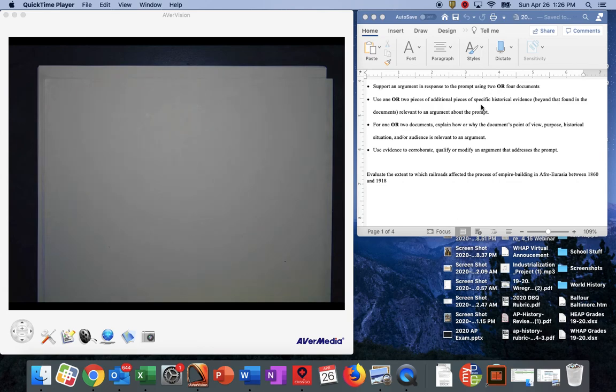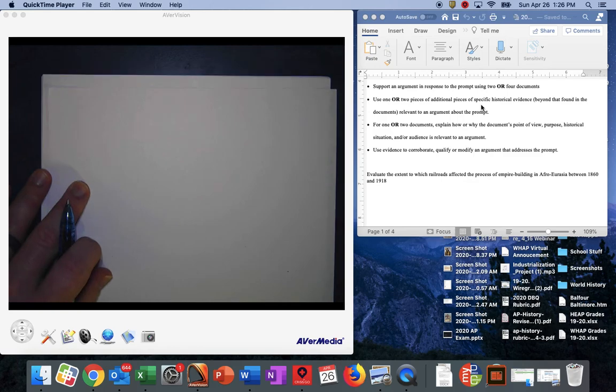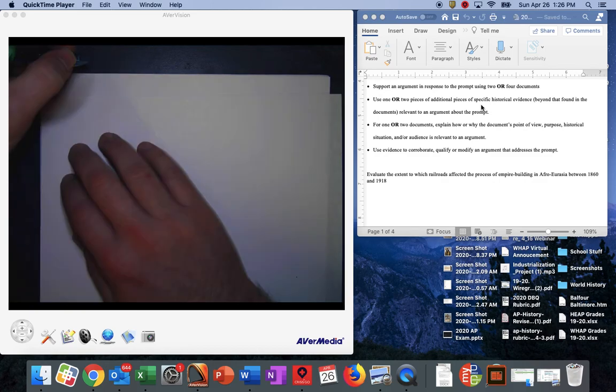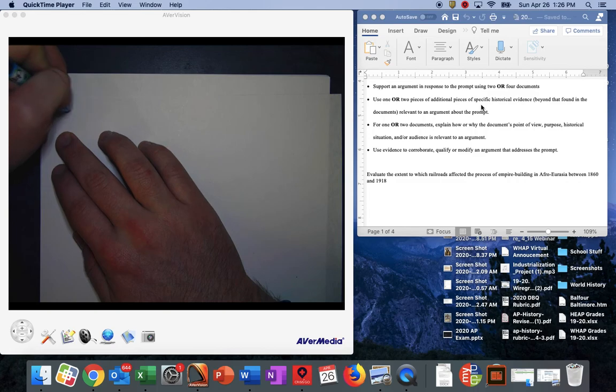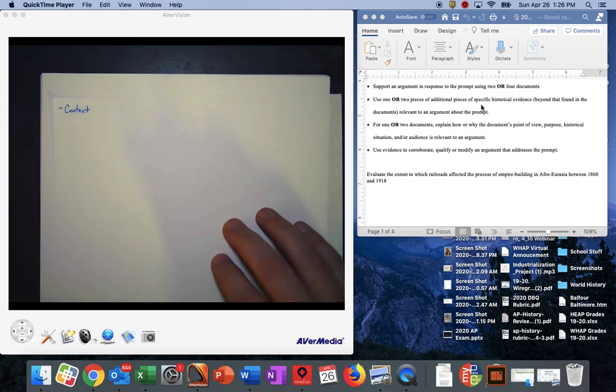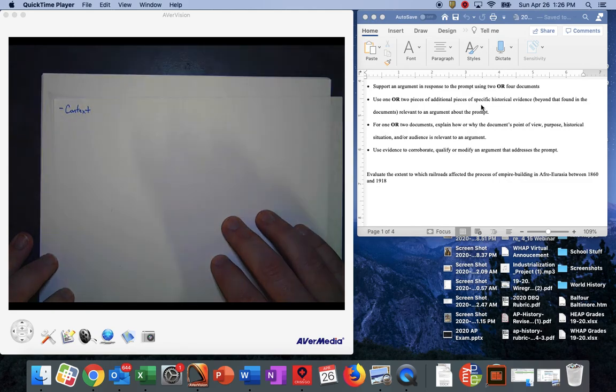So before we look at the documents, I thought it would be a good idea to do the context because you can do the context without actually looking at any of the documents. So let's think about the context here. When we write about the context, we want to think about the big picture things that are going on around the same time.